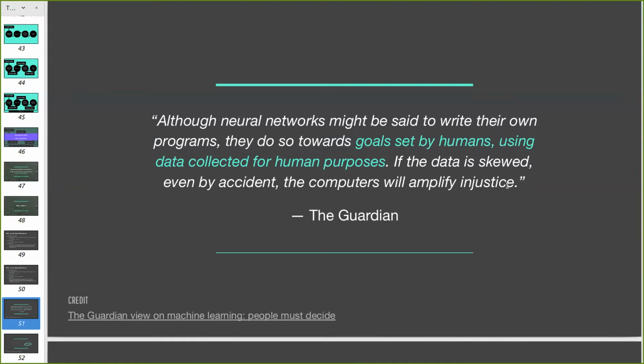It is us who is collecting the data, and the goals of each of these models are being set by us. So whatever biases exist with us can get into the data and into these models as well. When that happens, there is a chance that these systems can lead to some bad things.